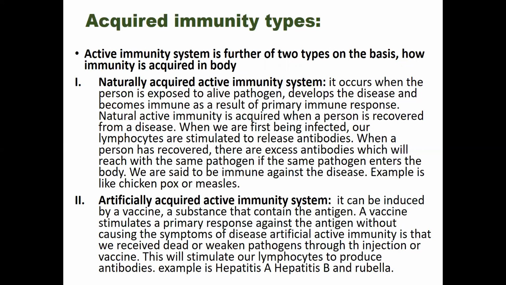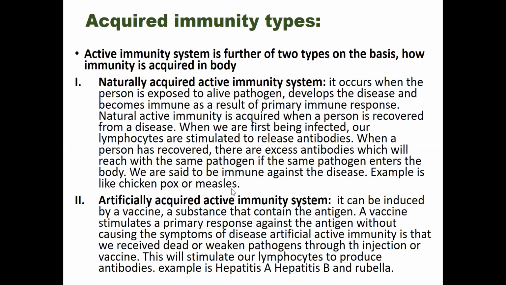So after you are infected by a pathogen, this type of acquired immunity can form in our body. Examples are chicken pox or measles.